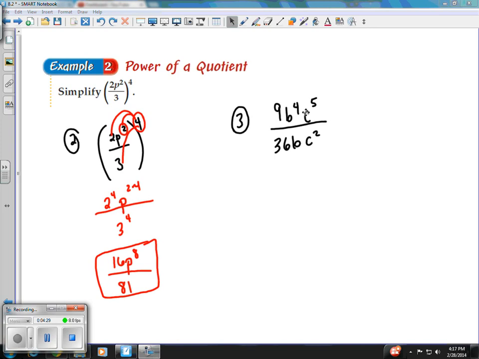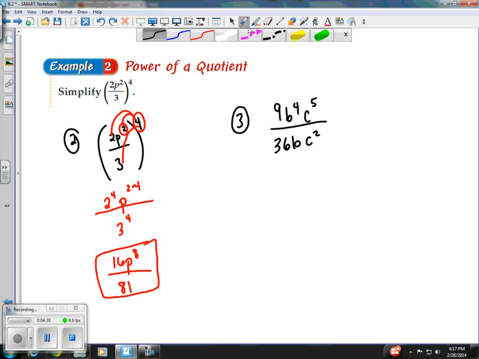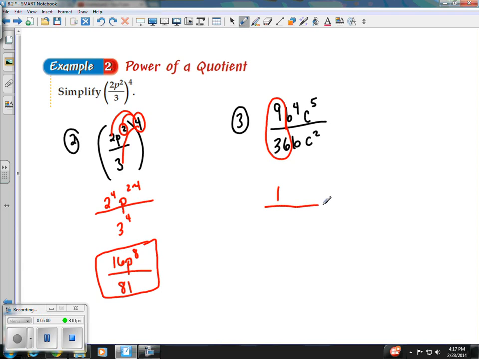So our next example is 9b to the 4th, c to the 5th, all over 36b c squared. So for dividing, our first step we want to look at is divide our coefficients. And 9 over 36 won't reduce evenly because 36 can't go into 9. But it is a fraction that can reduce. And we say 9 can go into 9 one time, and 9 can go into 36 4 times. Now if you look at this step down here, I made a long fraction bar.